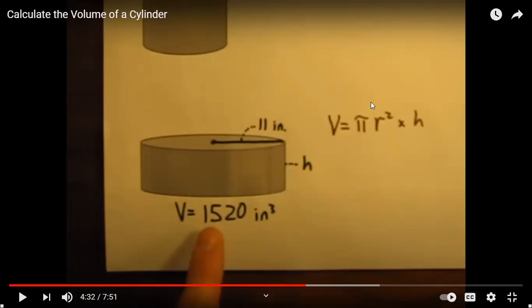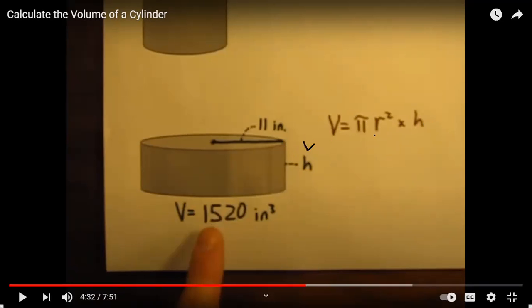Then, for sure, we know the value of what and what in this question? We know the radius, and we know the height, and we know the volume. So we can substitute. How?